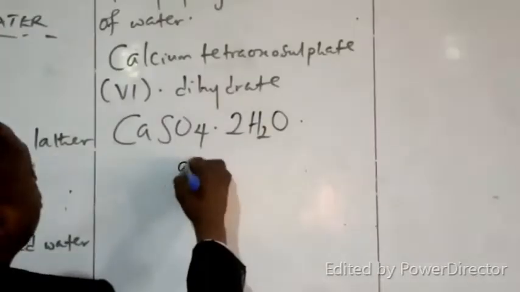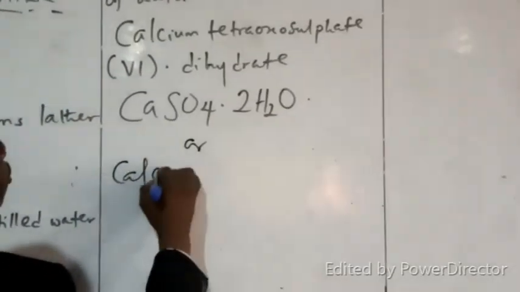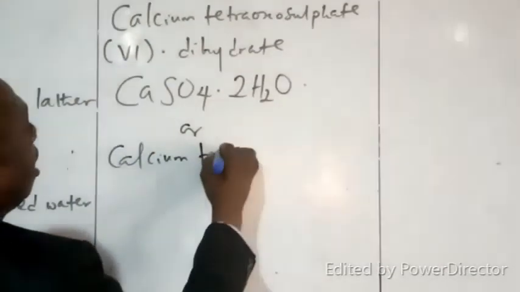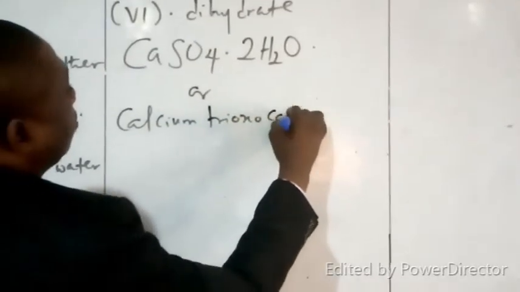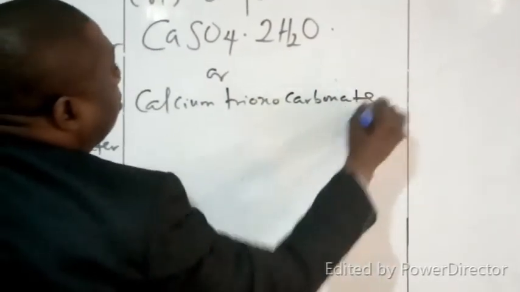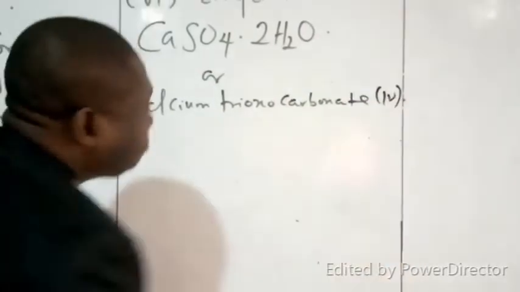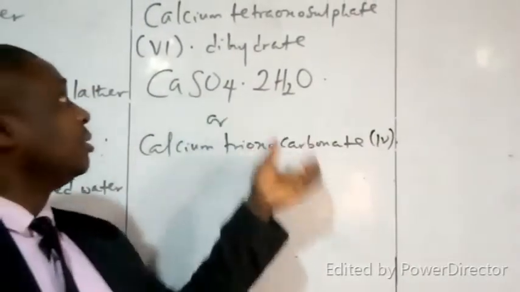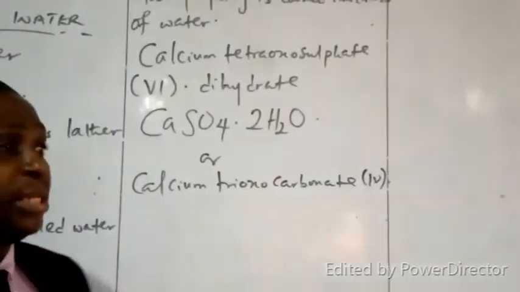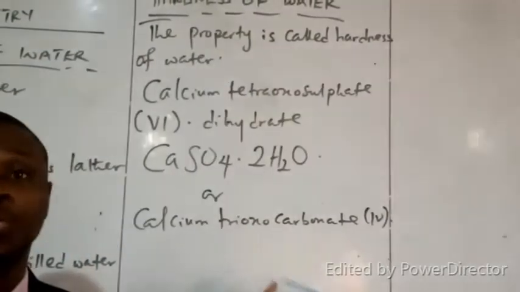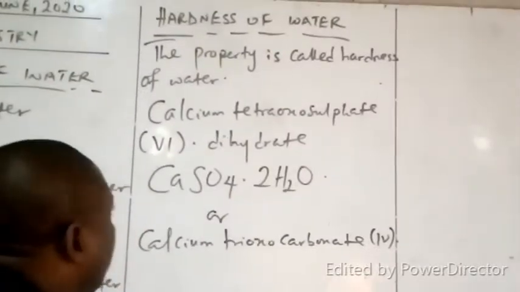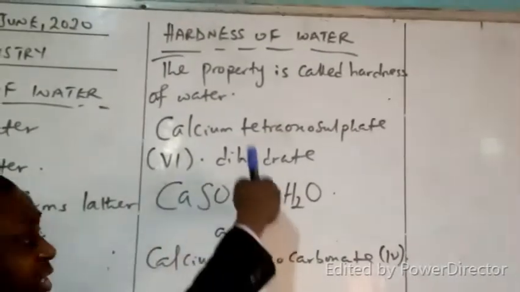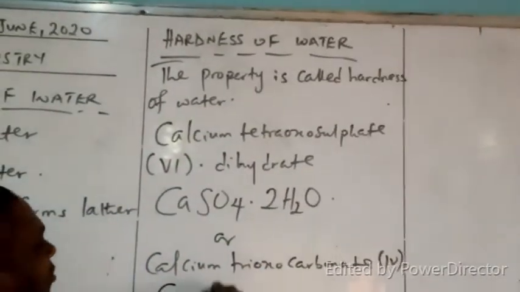Or it can also dissolve calcium trioxocarbonate(IV), CaCO3. Now, these are what cause our water to be hard when they are dissolved from the soil over which the water flows.